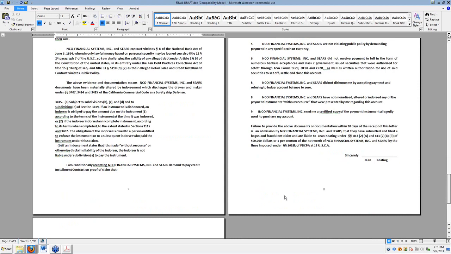Failure to provide the above documents or documentation within 30 days of the receipt of this letter is an admission by NCO Financial Systems, Inc. and Sears that they have submitted and filed a bogus and fraudulent claim and are liable to Gene Keating under sections 813.2a and 813.2b 2ii of $500,000 or 1% of the net worth of NCO Financial Systems and Sears by the fines imposed under Section 1692k of the FDCPA at 15 USCA.